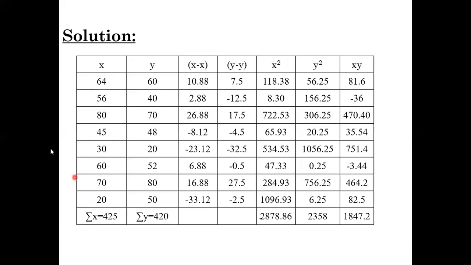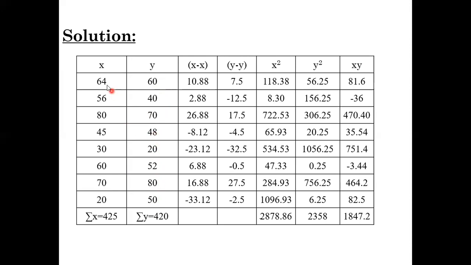Now we have to make columns like this: x column, y column, then the third column is x minus x mean. Next, the fourth column is y minus y mean. The fifth column is x square, then y square column, and last is the x into y column. Now write down all the x values in the x column and all the y values in the y column.